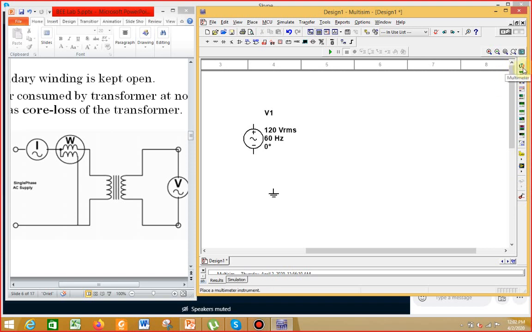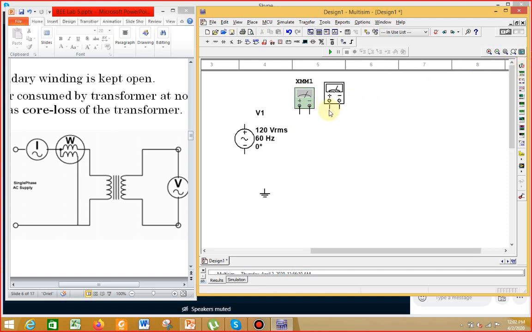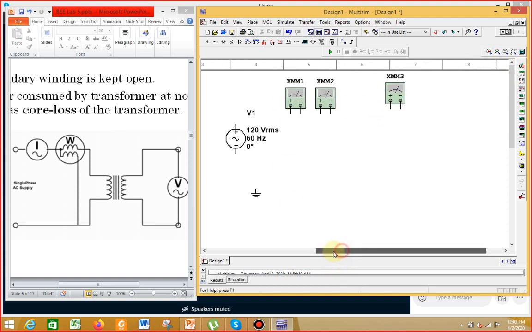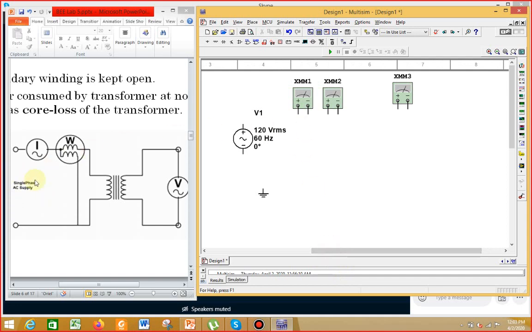There's a separate toolbar for it. So we need 3 multimeters over here. Two multimeters for the primary side, to measure the voltage and current, and 1 multimeter for the secondary side.